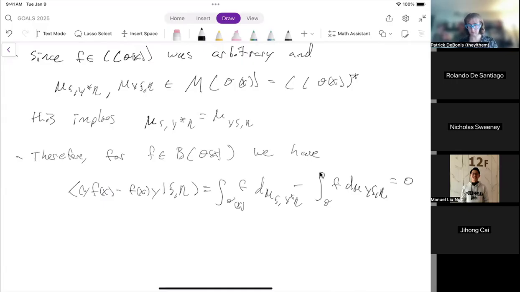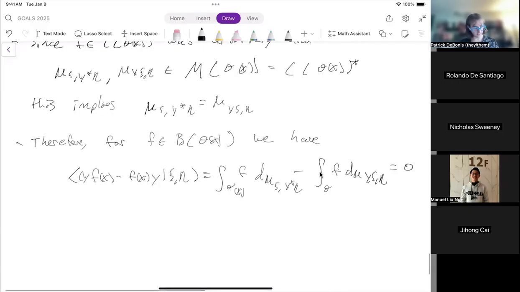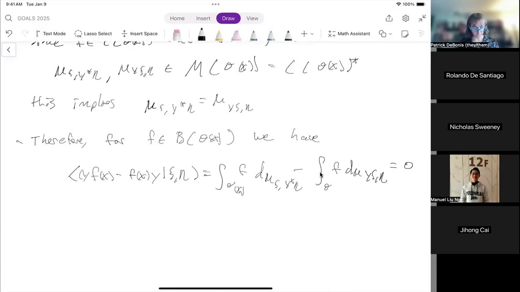We get that in the inner product, this is zero, for all y in the commutant of these polynomials and x star, and 1, and all vectors.